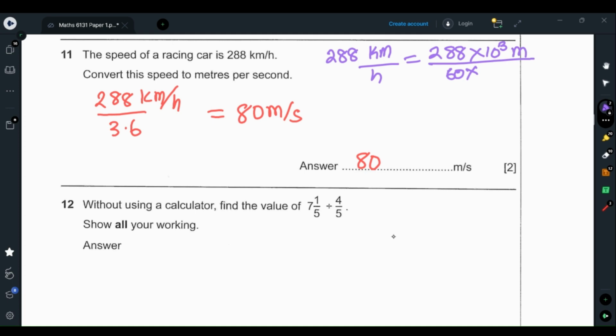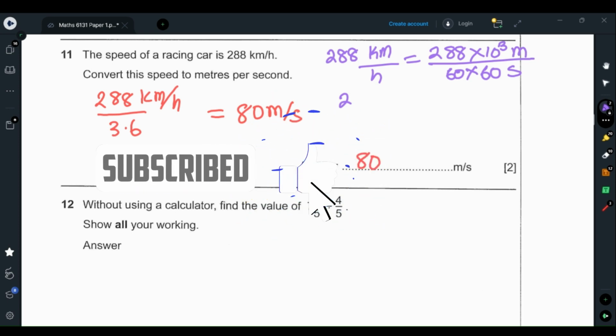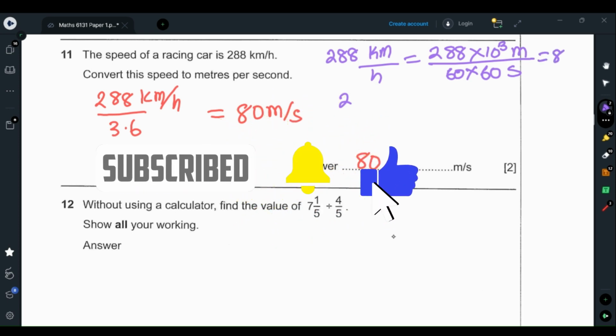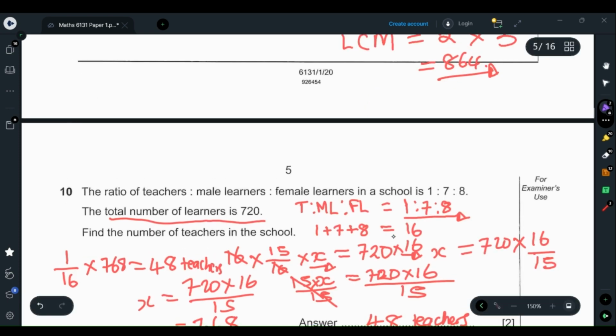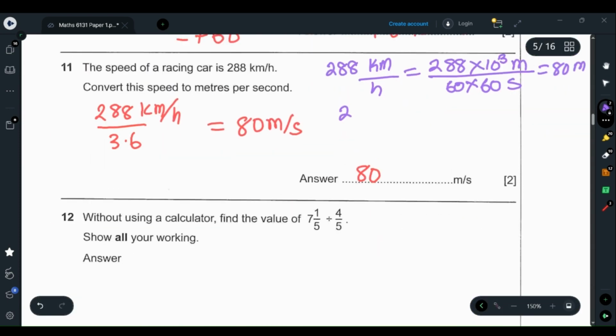So 60 minutes times 60 gets us to seconds. So this becomes meters per second. And if you work that out on your calculator, you get exactly 80 meters per second.